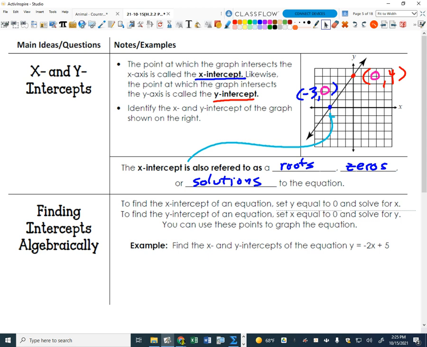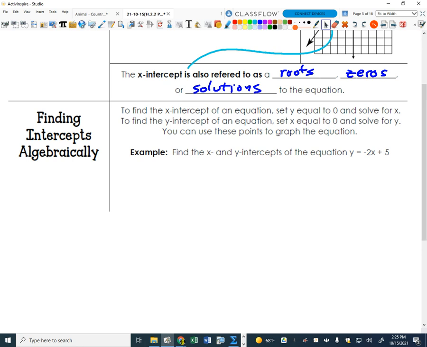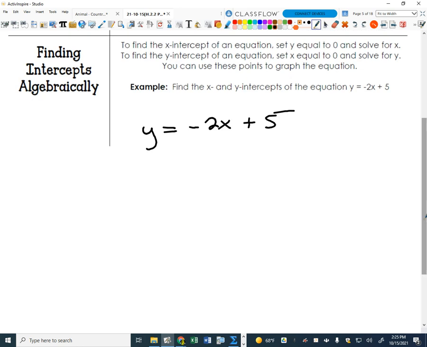Okay, so let's try one. Find the x and y intercepts of the equation y equals negative 2x plus 5. I'm going to make that a little bigger. So how am I going to find the x-intercept?